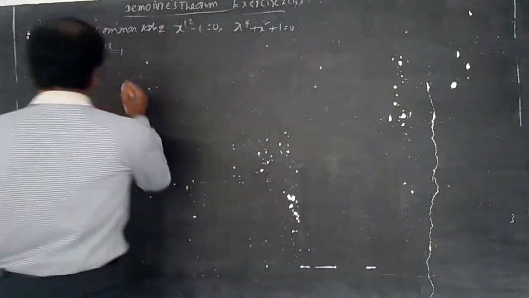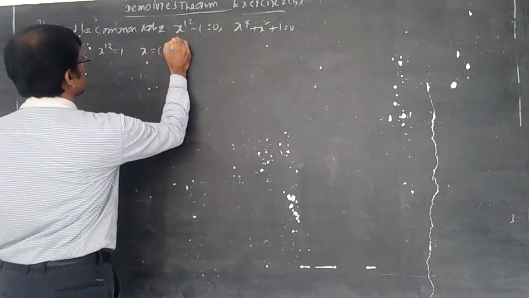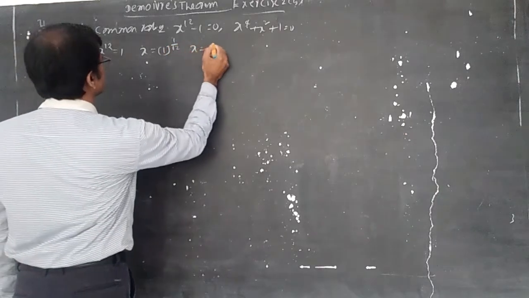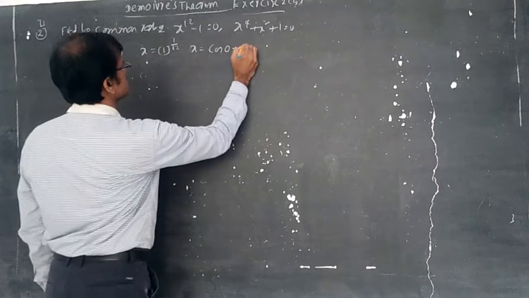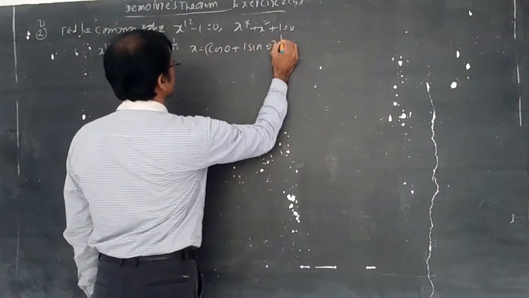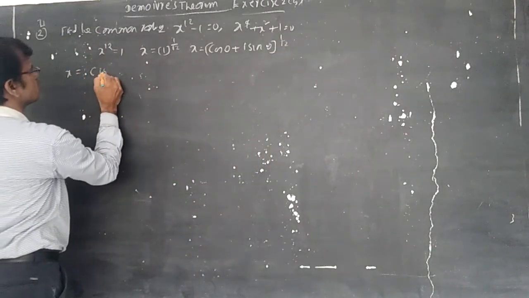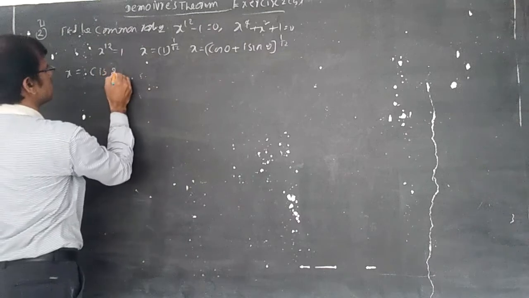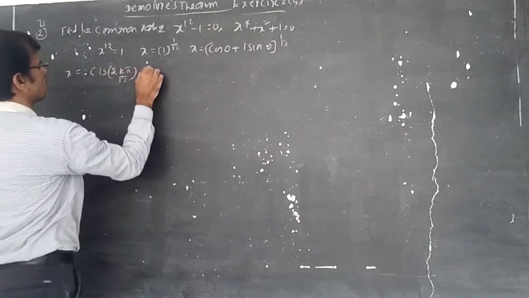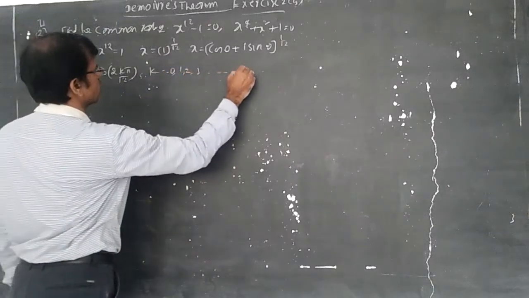Okay, let us discuss x power 12 equal to 1. x is equal to 1 power 1 by 12. x is equal to cos 0 plus i sin 0 whole power 1 by 12. So x is equal to cis of 2k pi by 12, k is equal to 0, 1, 2, and so on up to 11.